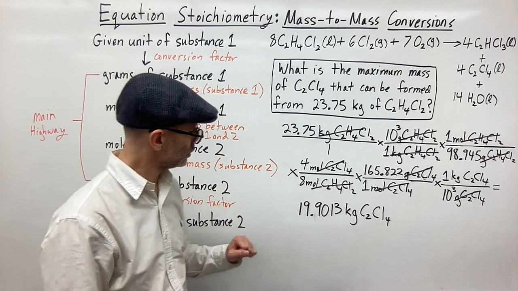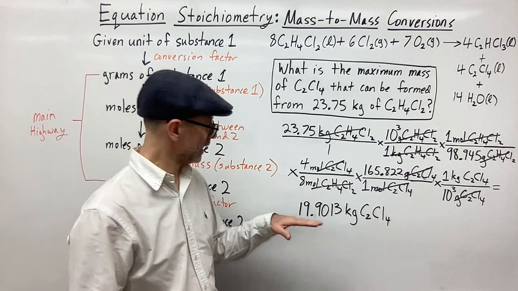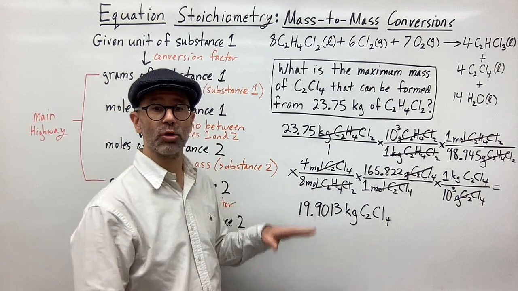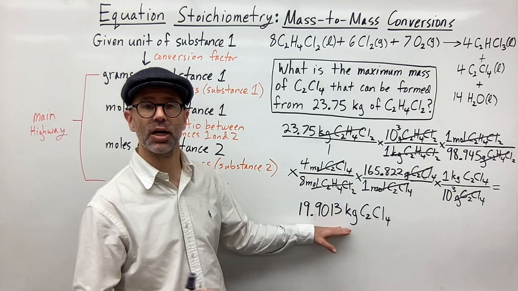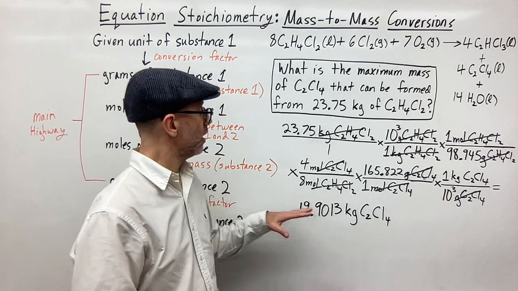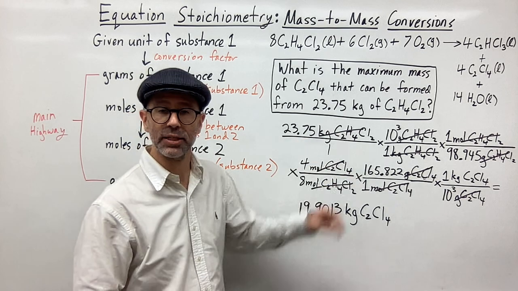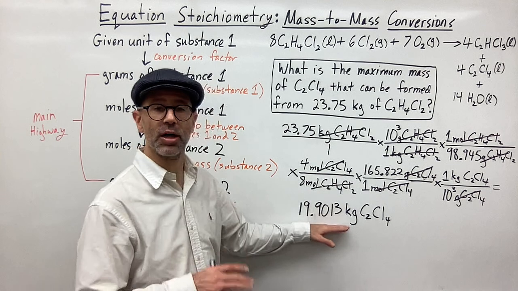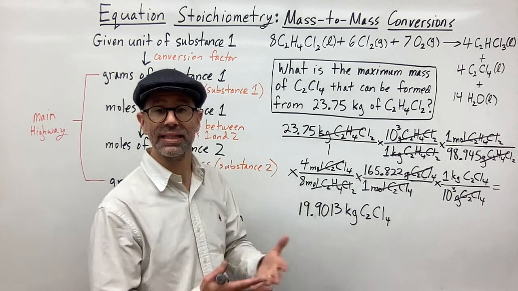So now for those of you that are interested in sig figs, I need to figure out how many digits to keep. The rule for multiplying and dividing is that your answer should have the same number of sig figs as the measurement with the least number of sig figs.